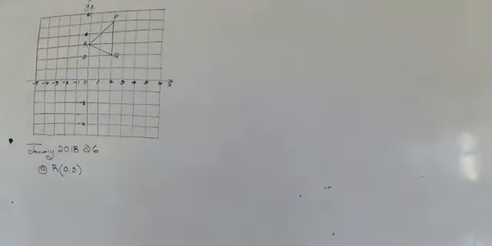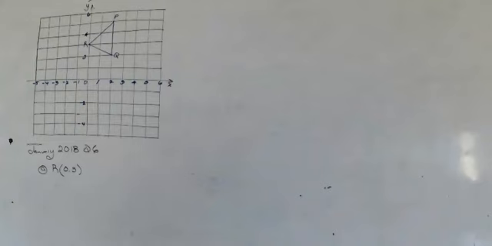Are you listening? It says on the diagram above, draw triangle P prime, Q prime, R prime, a reflection of triangle PQR in the line y is equal to 1. The very first thing we need to do is draw the line y is equal to 1.